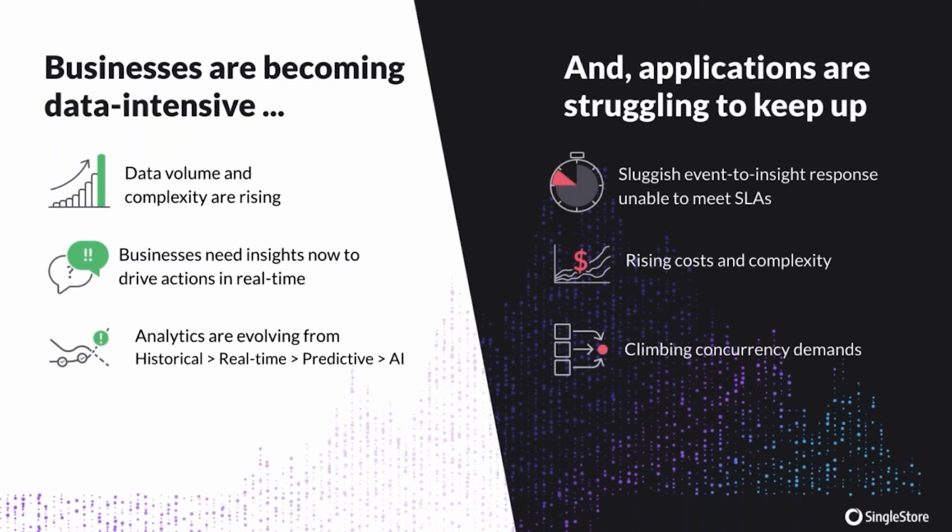So some of the things that companies and applications are really struggling with: SLAs, meeting these service level agreements, is quite a challenge. Rising costs and complexity. The complexity really comes about because you're trying to do a lot more. And costs, again, if you end up having to use, say, half a dozen to a dozen different products in order to solve the same problem, then that can be, again, quite a challenge.